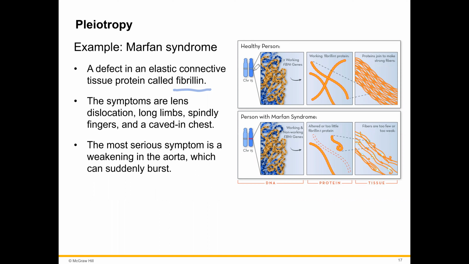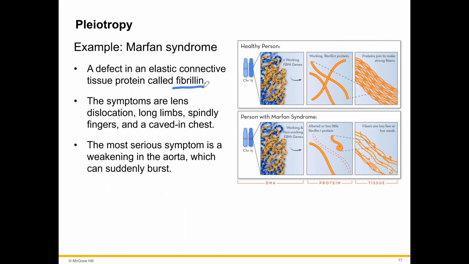If it's not a mutated gene, it will be transcribed and translated into working proteins. So you see that's a normal working protein. However, if you have a mutation in this gene, then this fibrillin is not assembled correctly, right? So we go from gene to protein, and then the tissue that is made of this protein is affected.